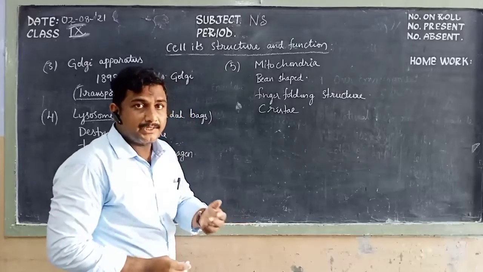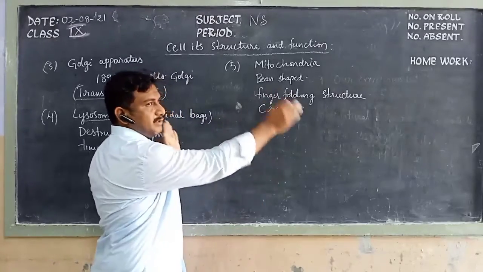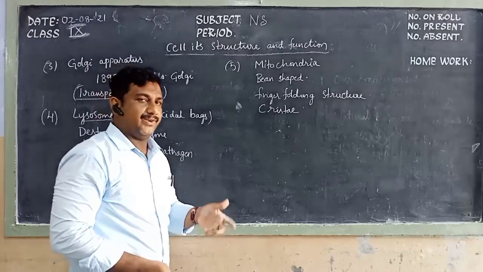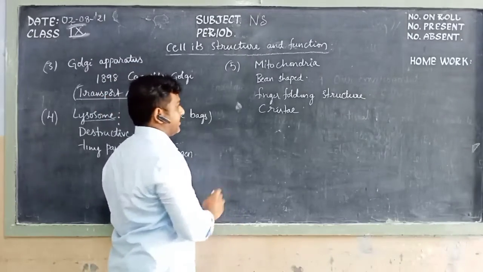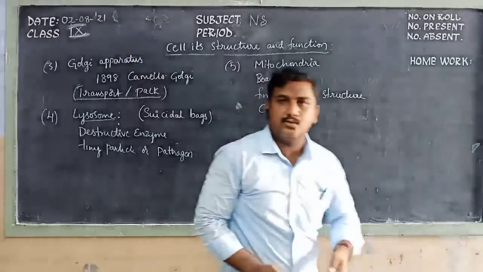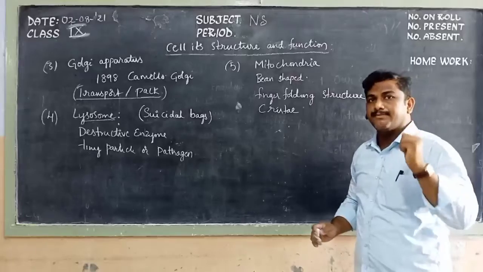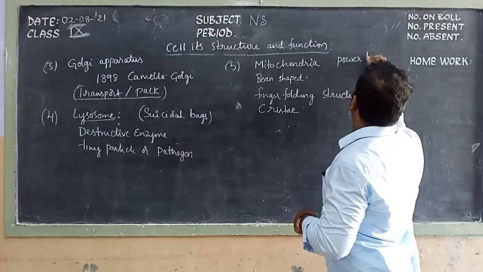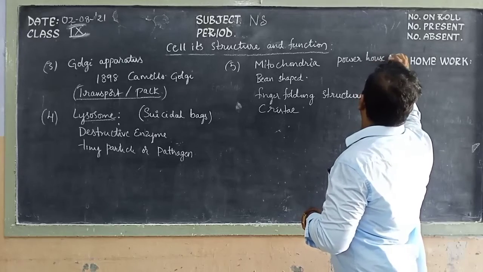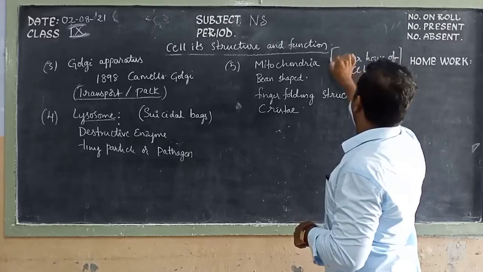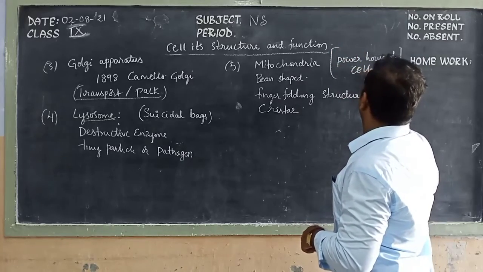Whatever the stored energy is, it sends to different cell organelles to conduct their activities or functions. So these mitochondria are known as the powerhouse of the cell. Powerhouse of what? Cell. We will call it the powerhouse of the cell.